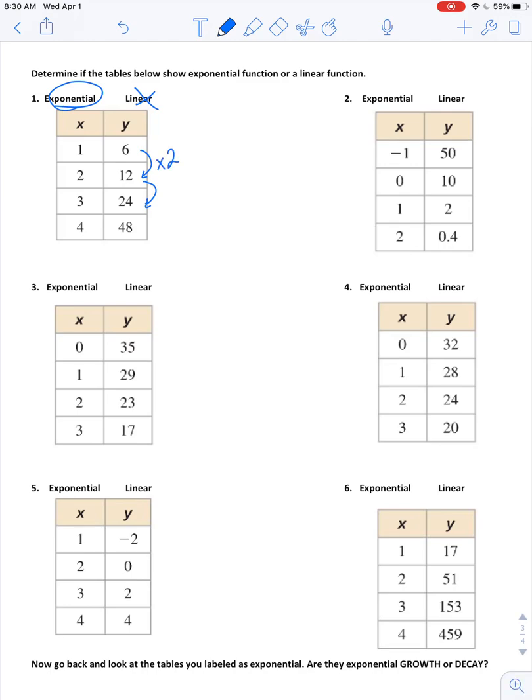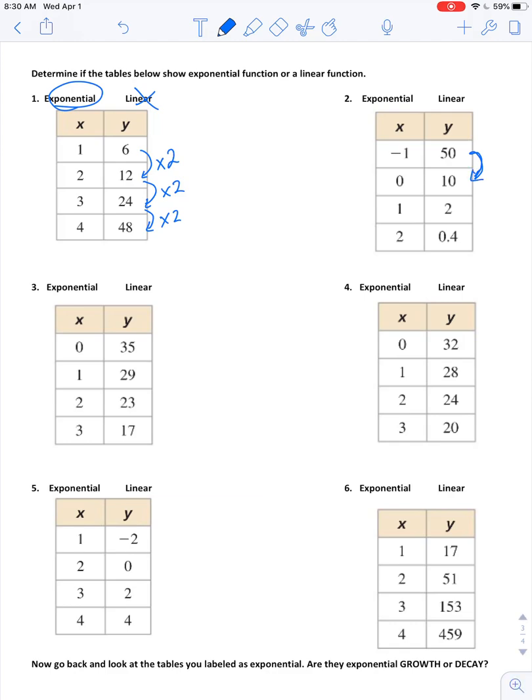So we said it's not adding 6, but I could multiply by 2. And let's see if that pattern still holds. 12 times 2, is that 24? Yep, so that seems to work. And 24 times 2 is 48, so that one is exponential.